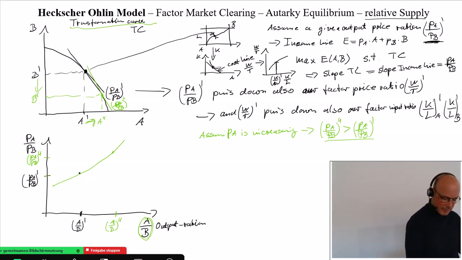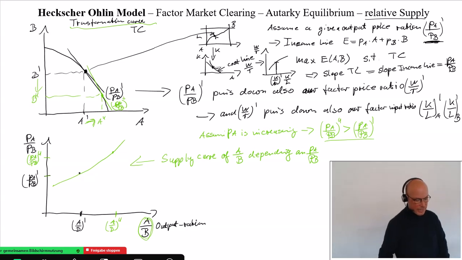So this would be then the supply curve, not A, sorry, supply curve for A over B depending on the price ratio.